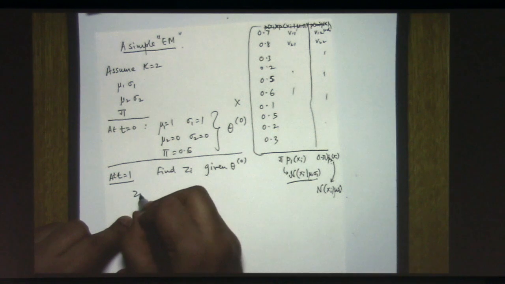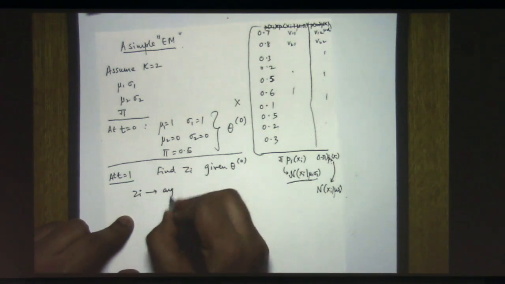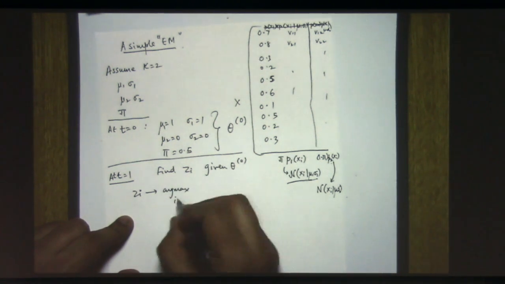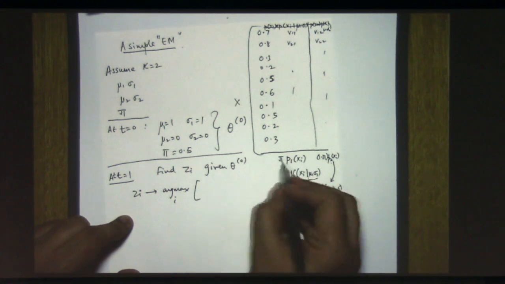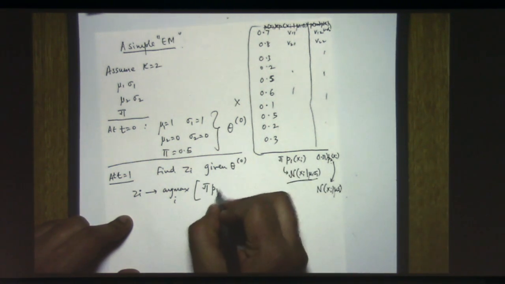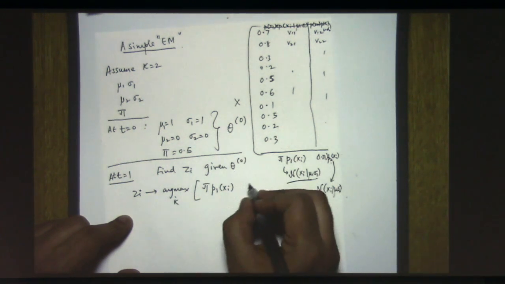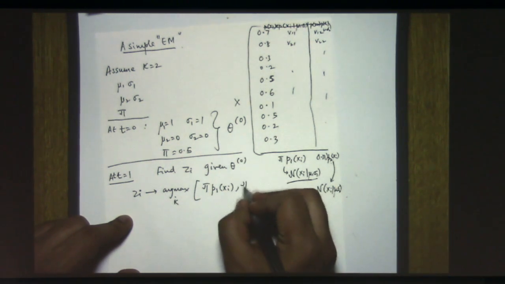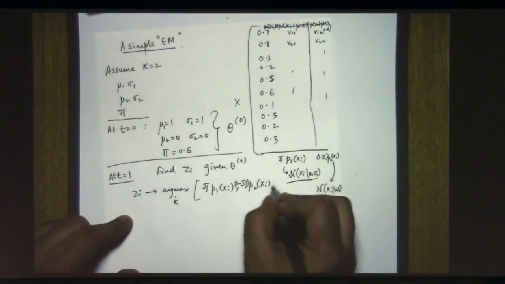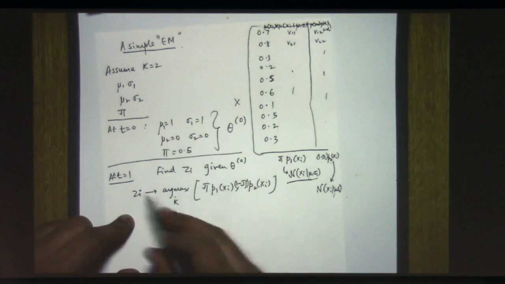So zi will be the argmax over these two values for xi, right? Whichever is higher, you will choose that as zi.